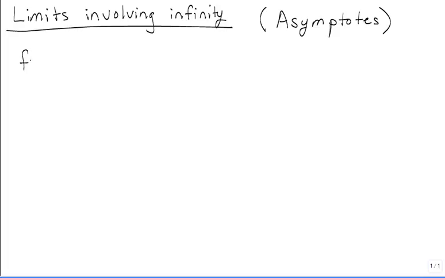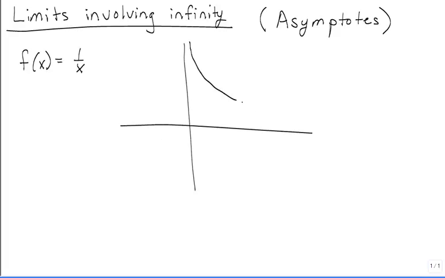First, I want to graph 1 over x and look at that graph. And the graph of that looks like this. And you can see that on your calculator, or you can plot points.